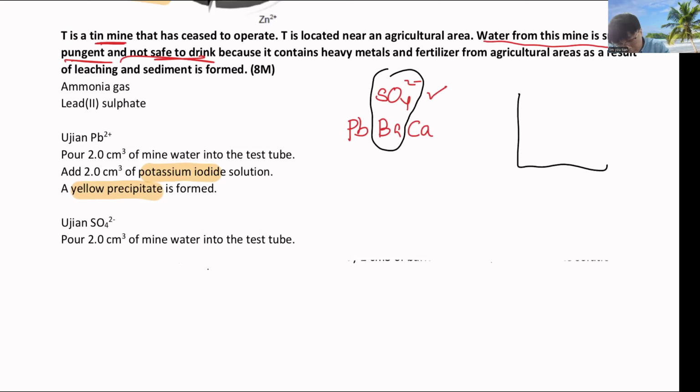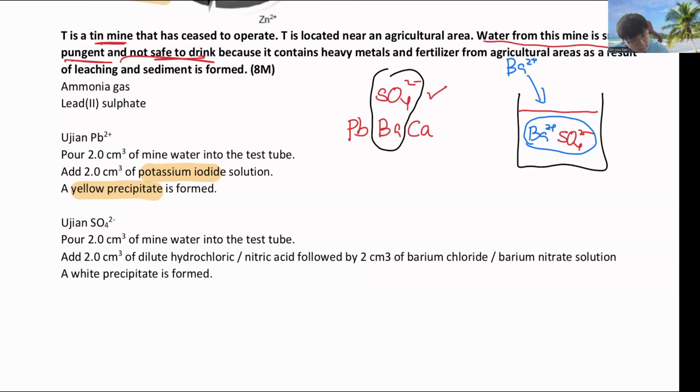If in this test tube you have SO4 inside, all you need to do is pour in barium, because barium meets with SO4 and becomes an insoluble salt. Here you see the answer. They will put in acid first, followed by barium. You'll get a white precipitate because BaSO4 is insoluble.